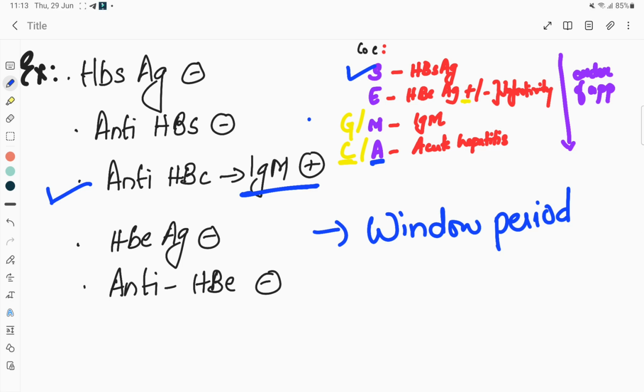This condition occurs only in case of window period, and if you suspect window period, you must always check IgM of the patient. The immunoglobulins, when I say IgM, these antibodies are formed against HBc. Okay, guys, so remember this is in brief about how to interpret your lab results if you suspect hepatitis in a patient. Thank you.